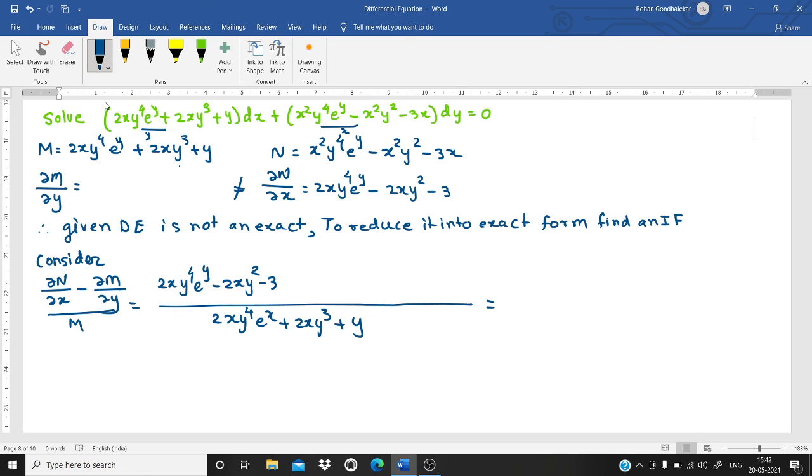Yeah, the derivative is 2x y raised to 4 e raised to y plus 8x y cube e raised to y plus 6x y square plus 1. Good. So minus 2x y raised to 4 e raised to y minus 8x y cube e raised to y minus 6x y square minus 1.